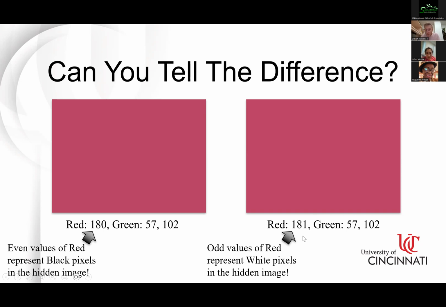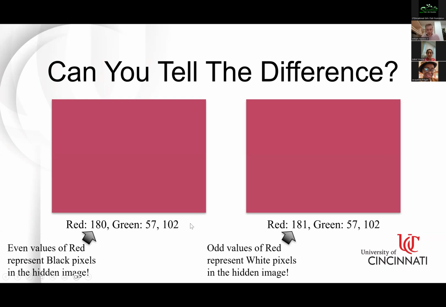This one over here is 181 of red, 57 of green, and 102 of blue. So you can tell, by the way, these numbers are all out of a total of 255. So there can be between 0 and 255 amount of red, 0 and 255 amount of green, and 0 and 255 of blue.